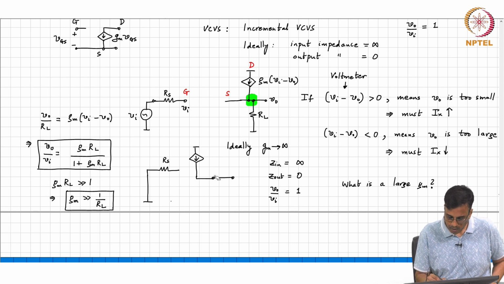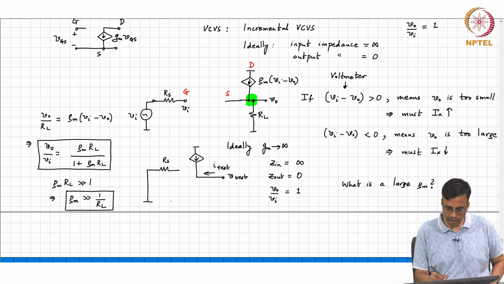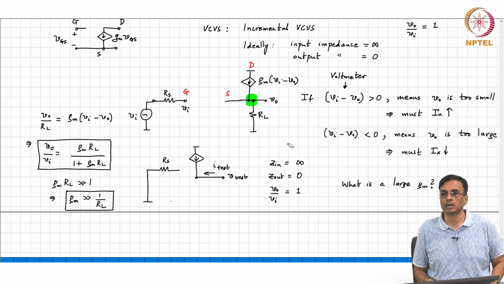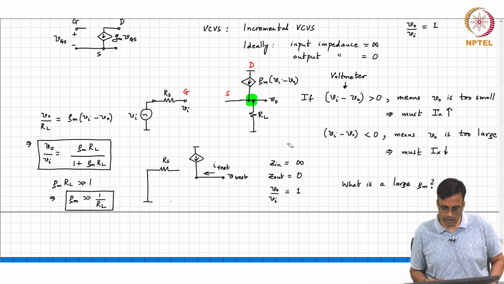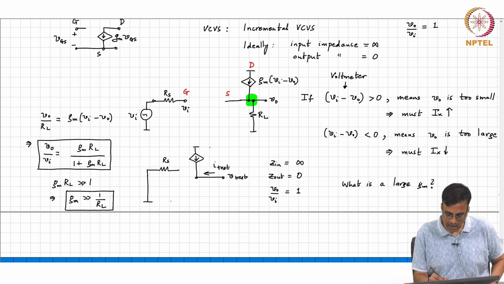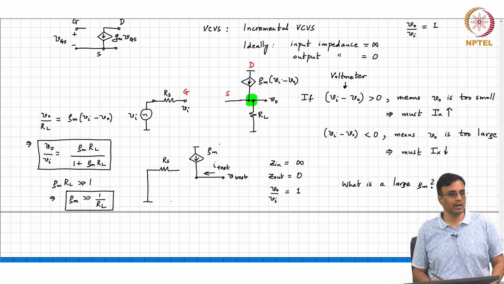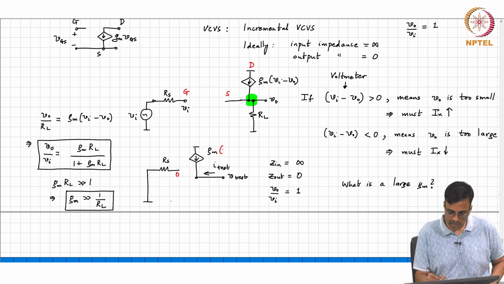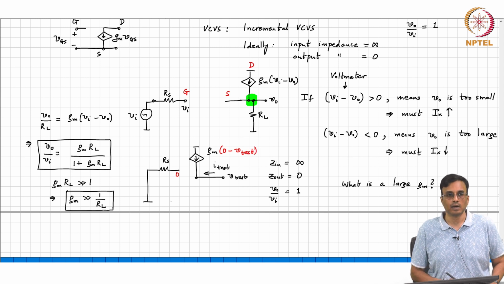We will put a test voltage and measure the test current. What is the strength of that current source? GM times the incremental VGS. What is the incremental gate voltage? 0. So, that is basically GM times 0 minus V test, right.